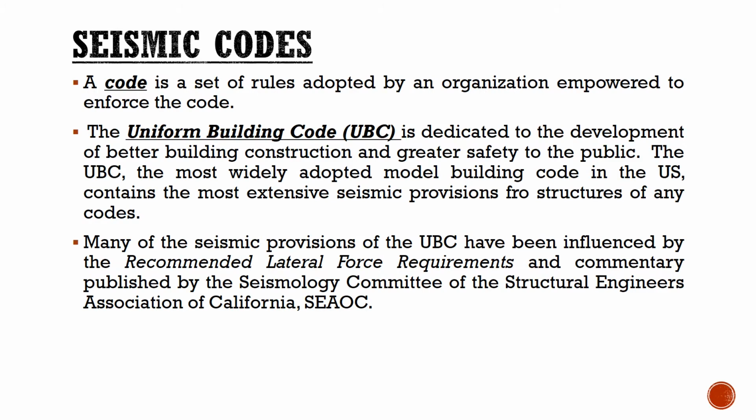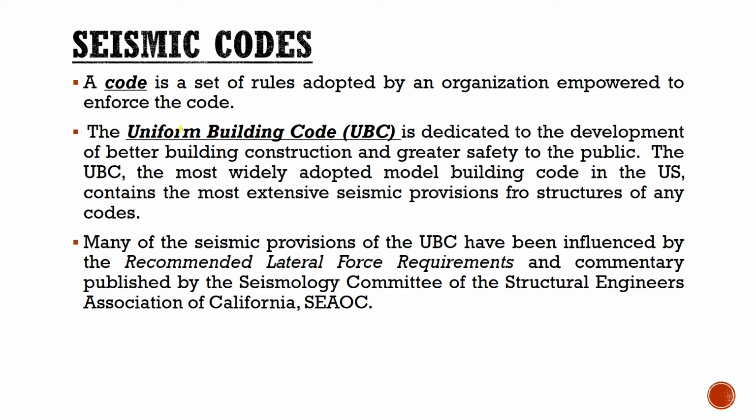So first is the seismic code. Why is it that we have these codes? A code is a set of rules adopted by an organization empowered to enforce the code. That is the main purpose of the code. Then second is the UBC.